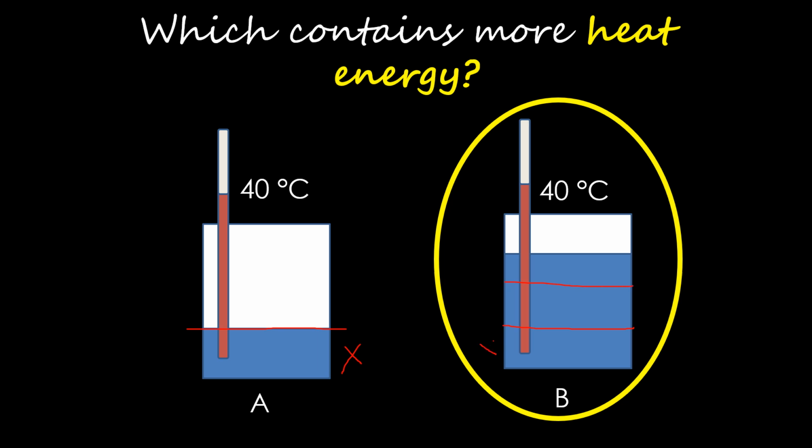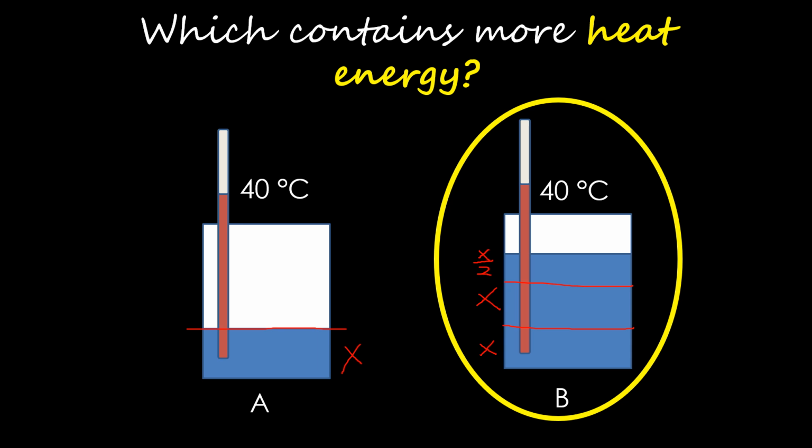So it's got that same amount of energy, and maybe half of that energy, right? So it's got like 2.5 times that amount of energy. So it contains more total heat energy than the one with less water. So even though they're the same substance and same temperature, the more mass you have, the more heat energy would be contained in it.